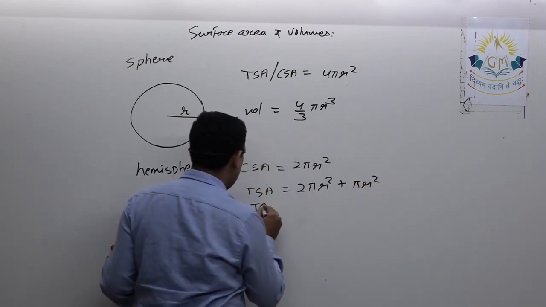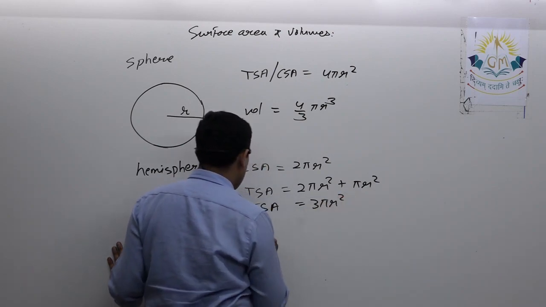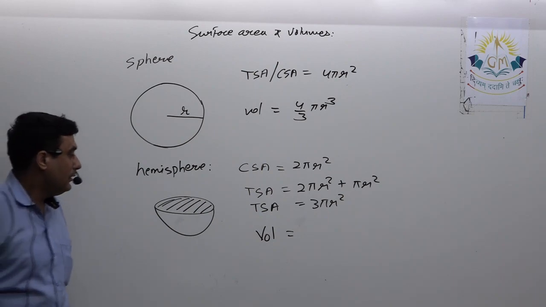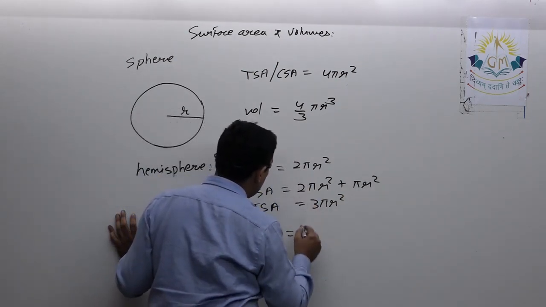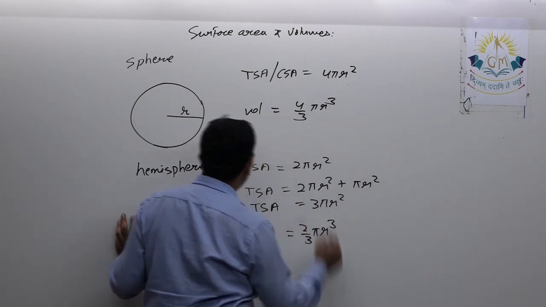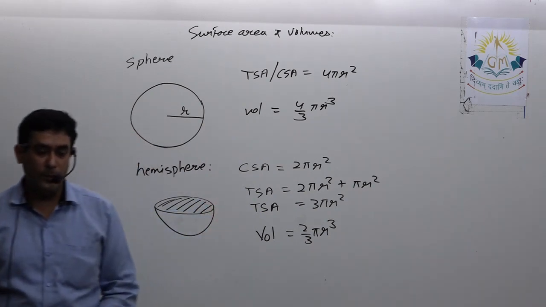So TSA is actually 3 pi r square. Now next is volume. The volume of a hemisphere is half of the volume of the sphere, that is 2 by 3 pi r cube. That is the CSA, TSA and volume of a hemisphere.